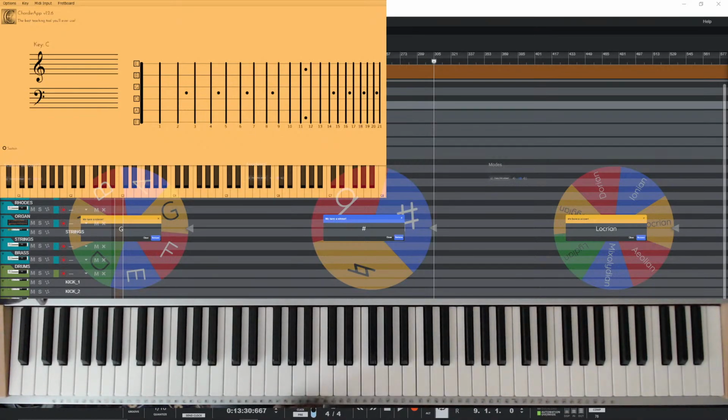I think that's okay. Okay, let's draw a scale. Let's play scale of the day. Every day, we play scale of the day.